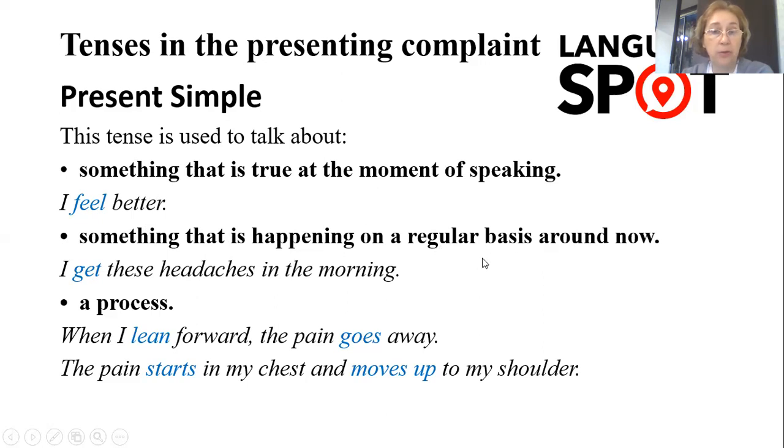Something that is happening on a regular basis around now: "I get these headaches in the morning," every morning, so regularly. And it can also describe a process: "When I lean forward, the pain goes away." "The pain starts in my chest and moves up to my shoulder." Okay, this is just relating to the patients.